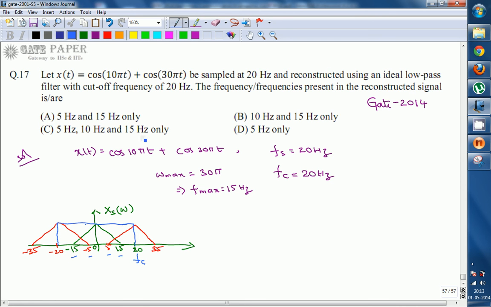So it can pass the frequency components of 5 Hz and 15 Hz, not 10 Hz. So we can take option A as the correct answer from this. It can pass only the components of 5 Hz and 15 Hz.